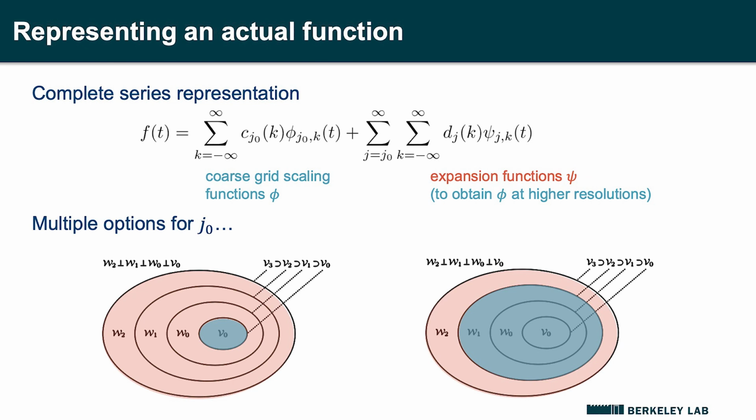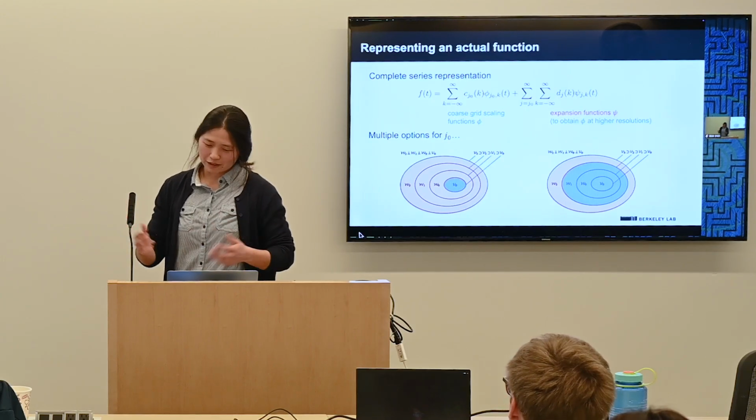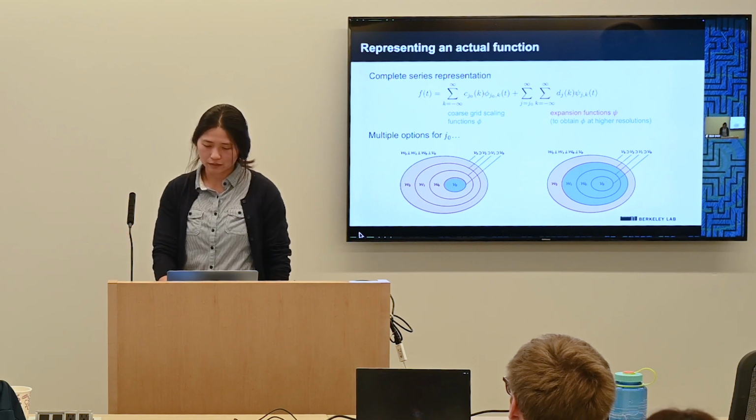Or I can say my coarse grid level is going to instead contain 4 grid points, and then use the remaining wavelets for the higher resolution features.